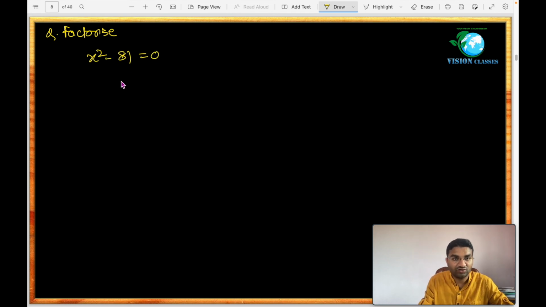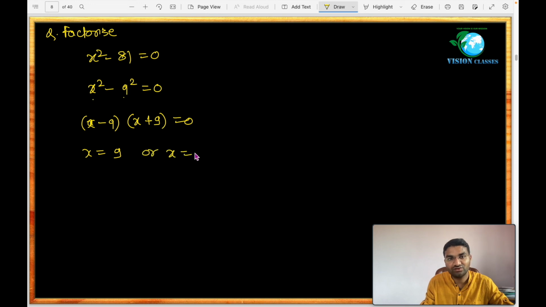So what's the square root of 81? It's 9. So x² − 9² = 0, which is again a² − b². So you can write (x − 9)(x + 9) = 0. So x is equal to 9 or x is equal to −9. These are the two roots.